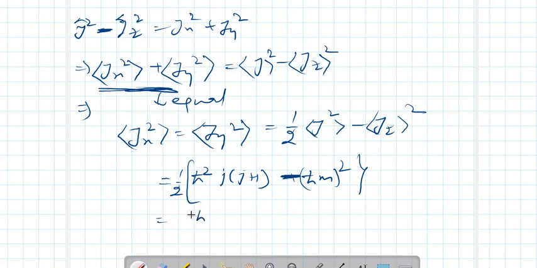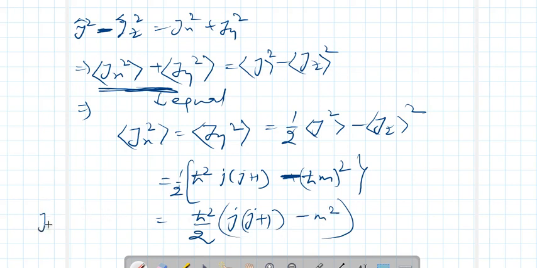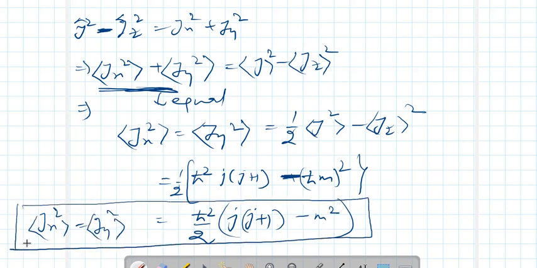So it is h cross square by 2 times j into j plus 1 minus m square. That means the expectation value of jx square is equal to that of jy square, and it is equal to this one, right? So this way we have calculated their expectation values, right?